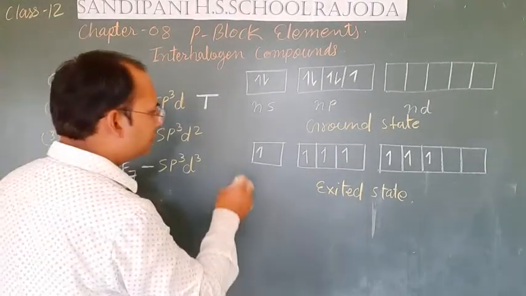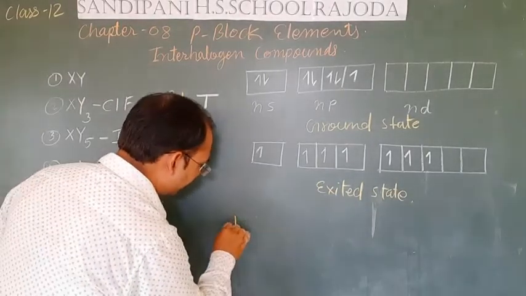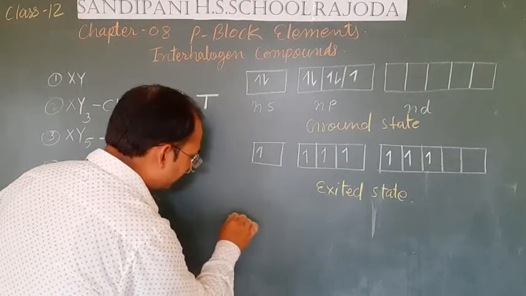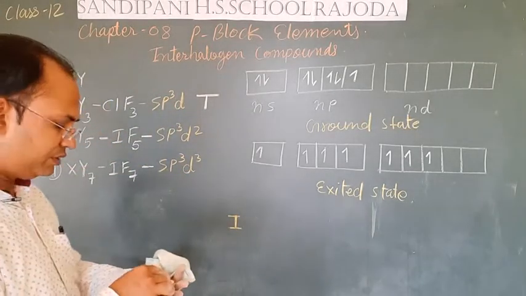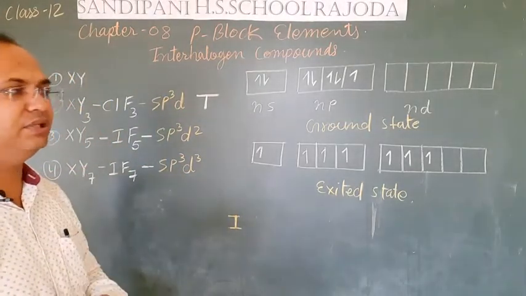Here the iodine atom is again the central atom, to which the 7 fluorine atoms will be connected.